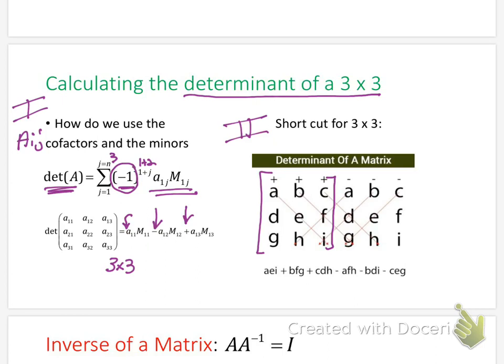To then get your determinant, you're going to multiply very carefully. I have this, and I have this. So I'm going to have the first product of the three terms plus the second product of the three terms plus the third product of the three terms.